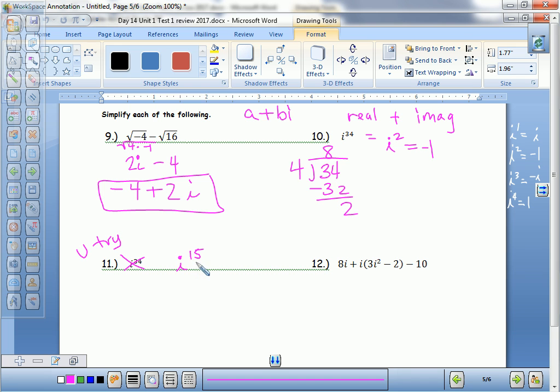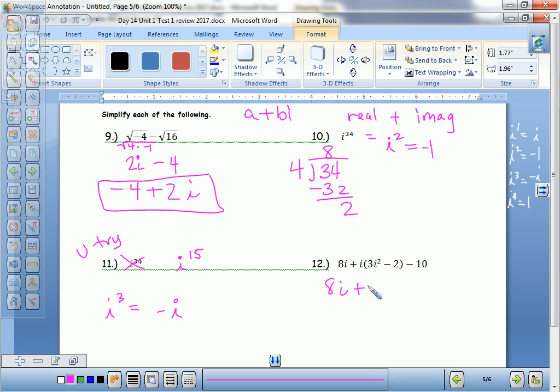Okay, so when we divide 15 by 4, it goes in there evenly 3 times, and the remainder is 3. So i cubed simplifies to negative i.